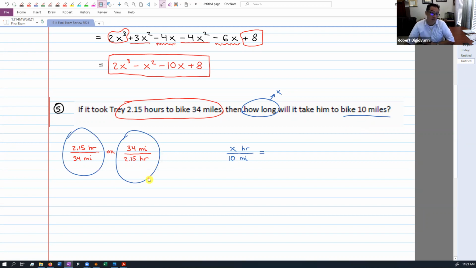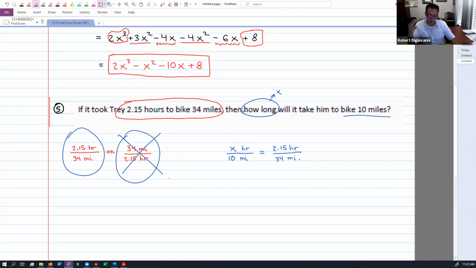And the one that we're going to use is the one that has the same corresponding ratio, which is hours over miles. So I'm going to use the 2.15 hours over 34 miles. I'm not using the other one because it has the miles on top and I want hours on top.